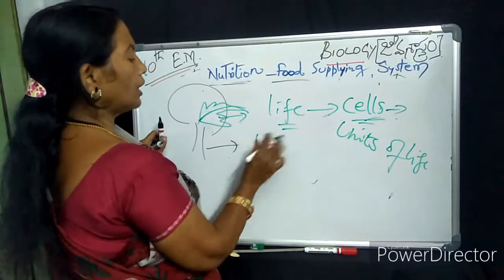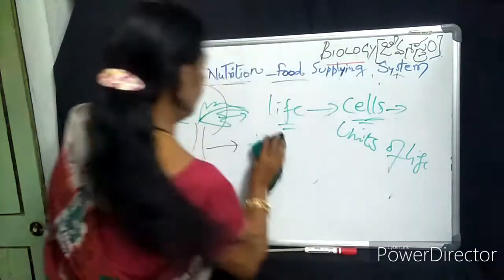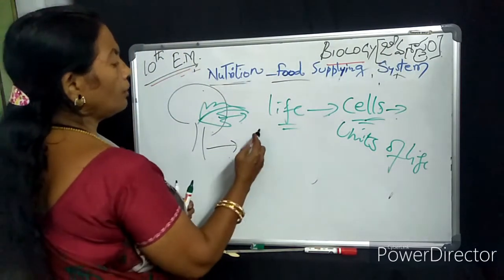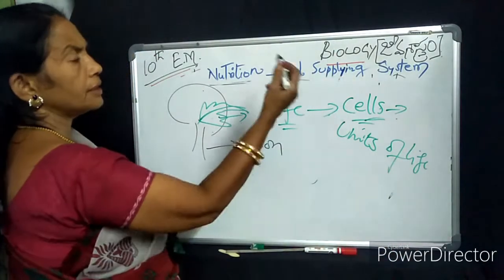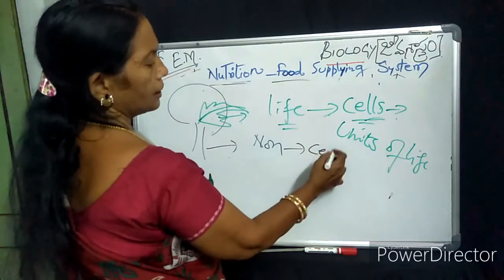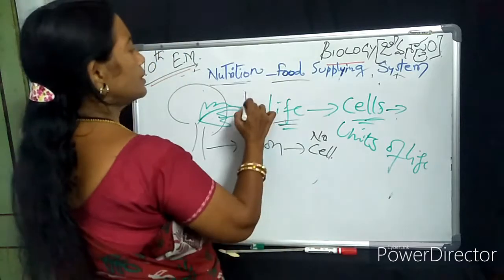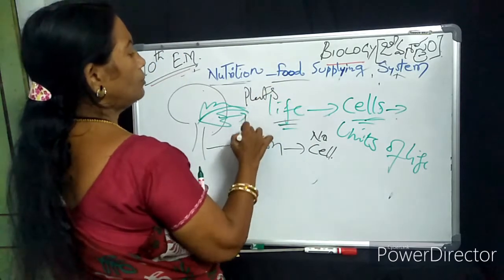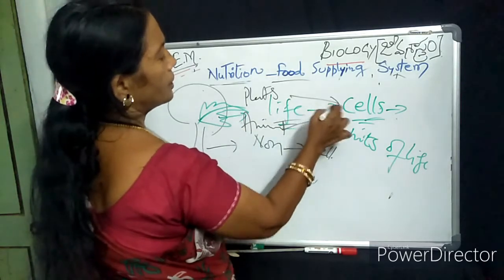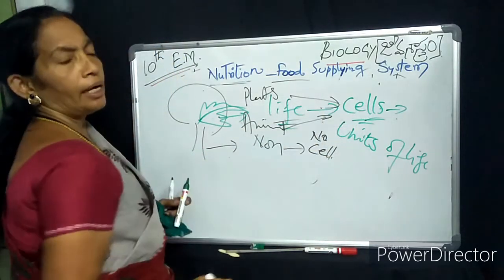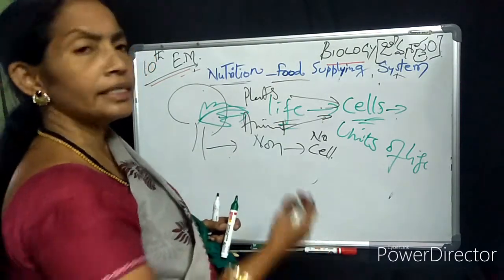If we go to non-living things, like this board, this pen, this wall, this cloth, they have no cells. But plants and animals have bodies with cells. Plant bodies have crores of cells in each of their parts.